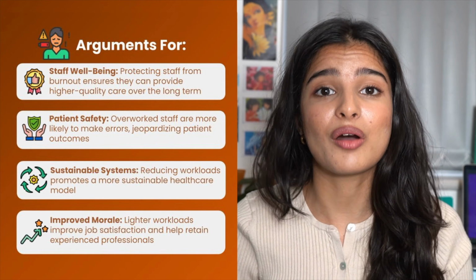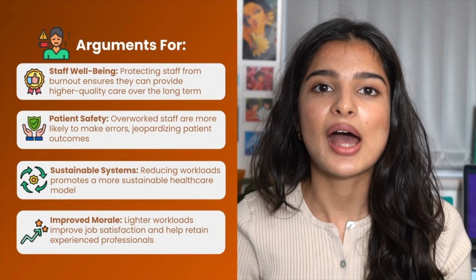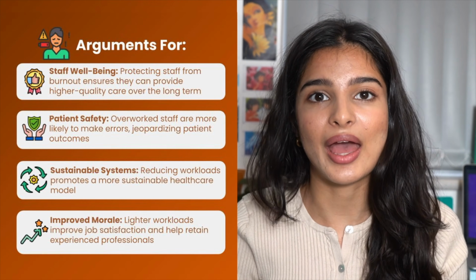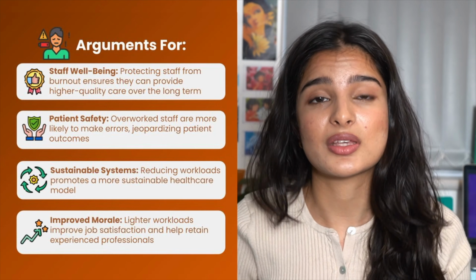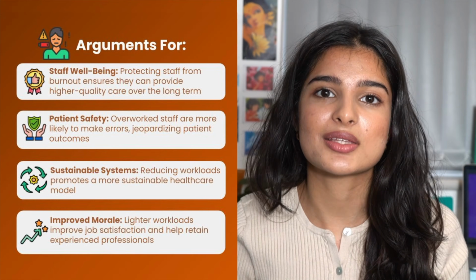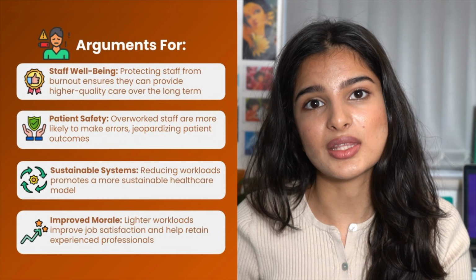staff well-being. However, there needs to be measures in place where we can both balance staff well-being as well as patient care, and there's a lot of ways that we can do this. The main one being addressing systemic issues that are leading to this and focusing on long-term gains.